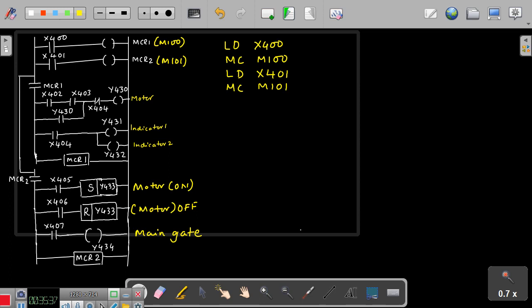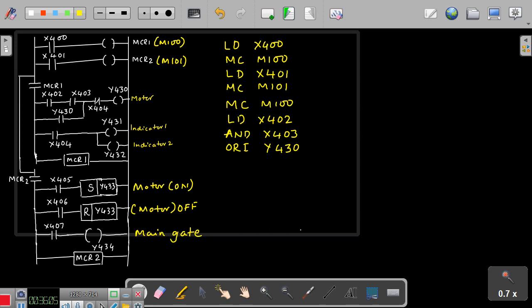Then after that, we have MC M100, then LD X402 AND X403, ORP Y430. All of you should be able to follow this. We have done so many examples.